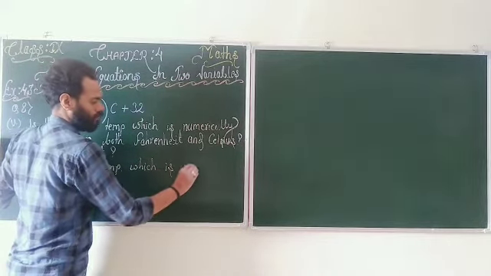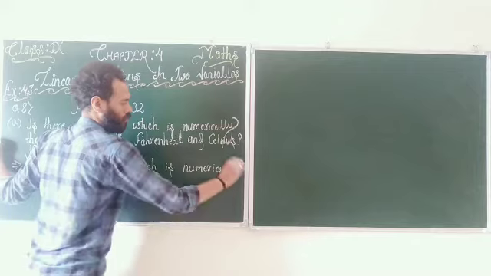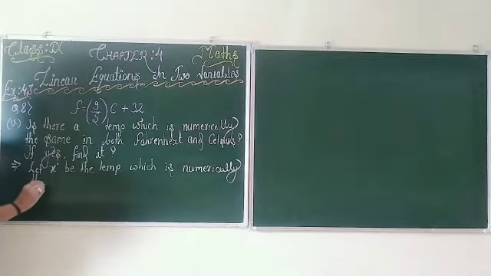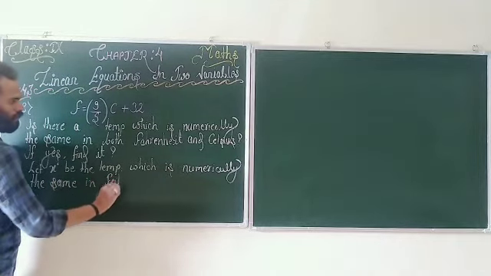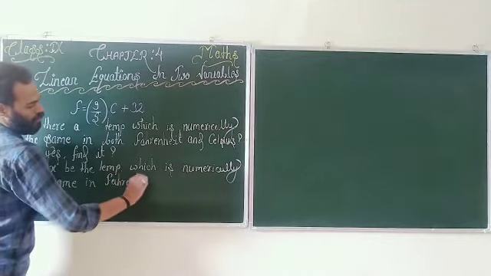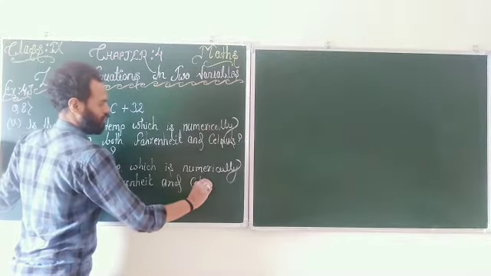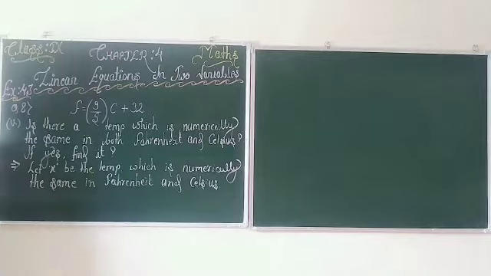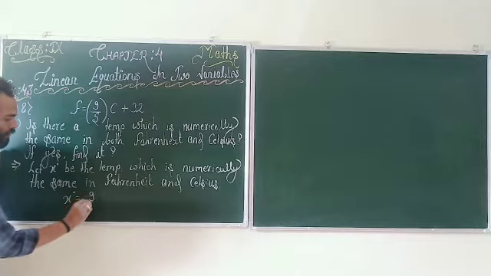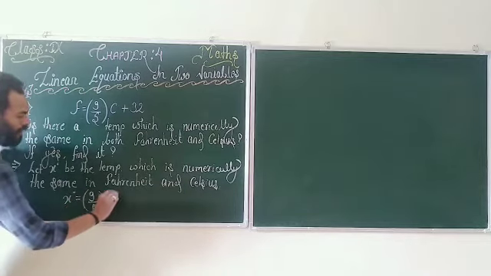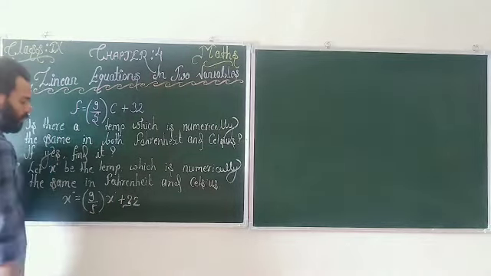Now we write the line of the question, which is numerically the same in Fahrenheit and Celsius. That means the value is the same in both Fahrenheit and Celsius. So we have x degree is equal to 9/5 into x degree plus 32.